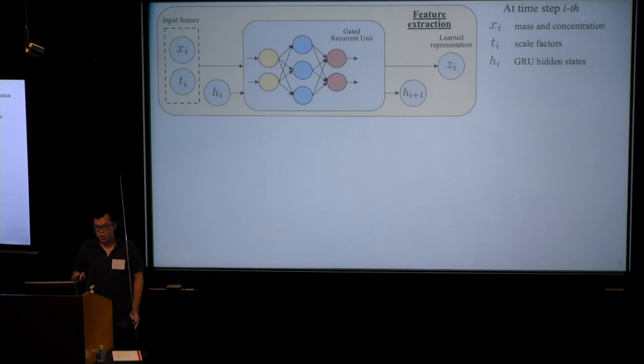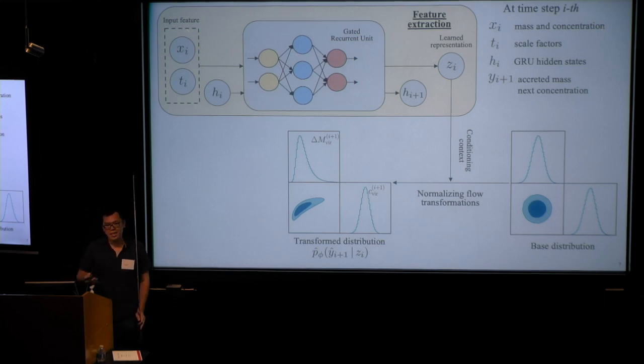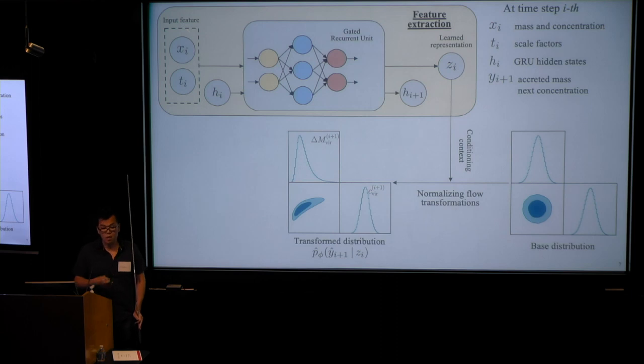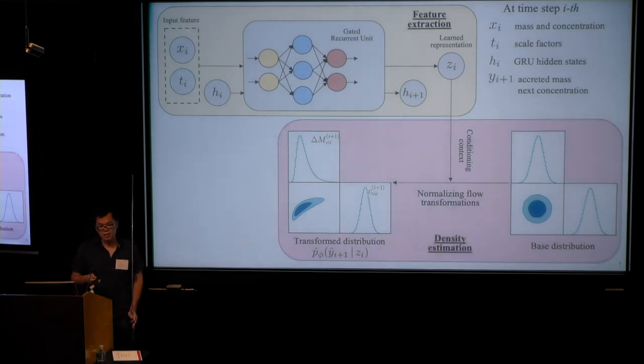We will use these features, the learned representation Z, to condition a normalizing flow, which models a base distribution and slowly transforms this base distribution, conditioning on Z, using change of variables to predict some kind of distribution that we want. Here, the variables that I want are the accreted mass and the concentration of the next halo. And this is the density estimation phase.